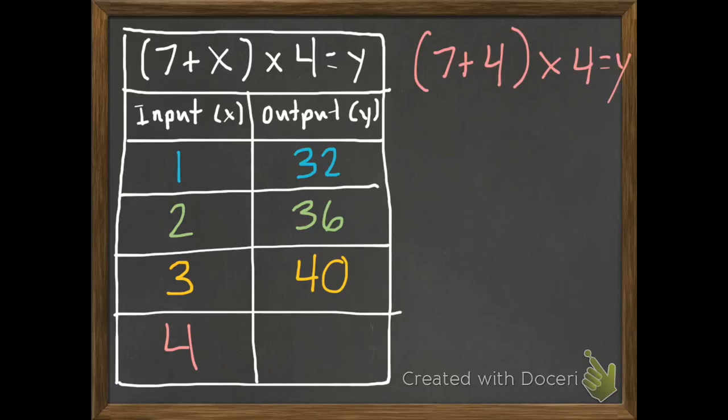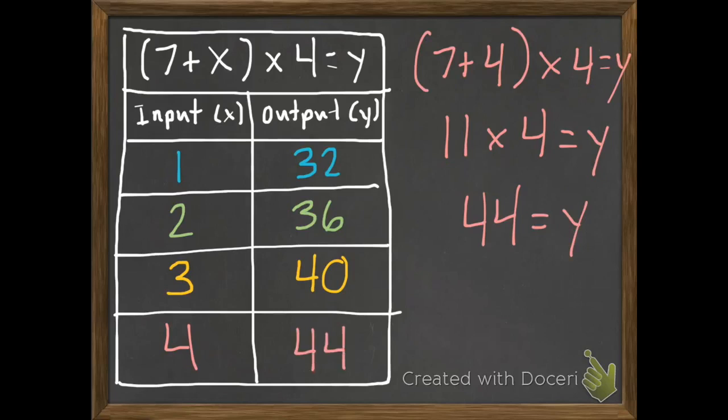So we put 4 in for x. 7 plus 4 is 11. And we have 11 times 4 equals y. 11 times 4 is 44. Put that into our table, and now it's done.